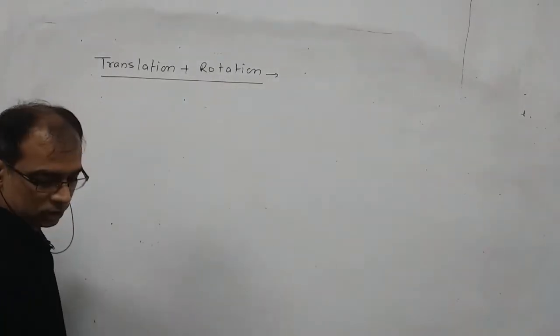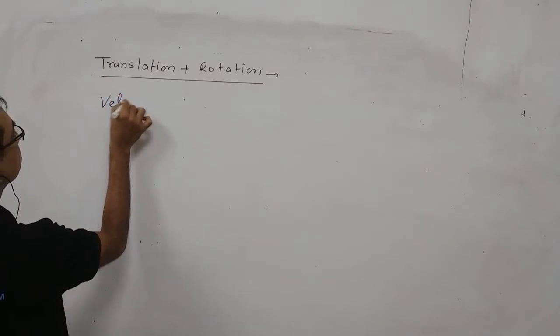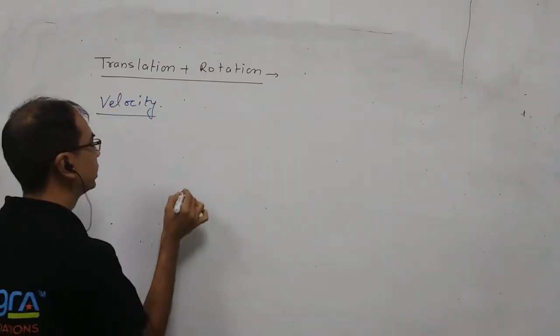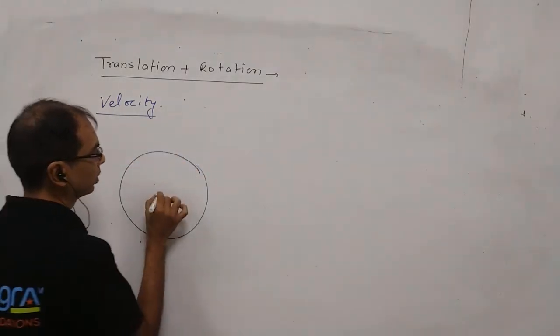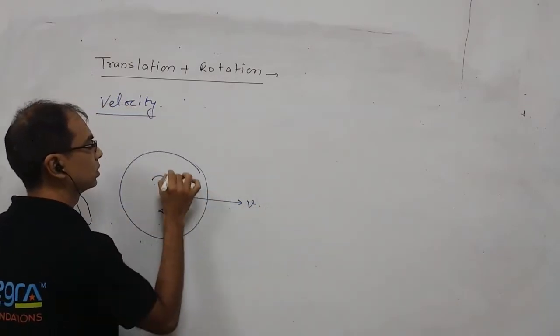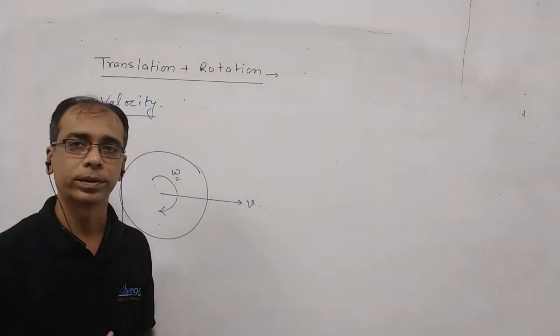Okay, so velocity, let's see. Now in velocity also, if I'm taking this wheel over here, velocity of center of mass is v, and this is omega. Right, now what we want?